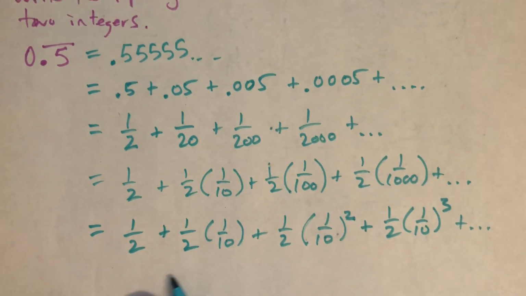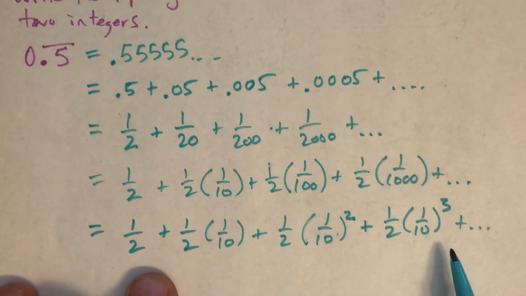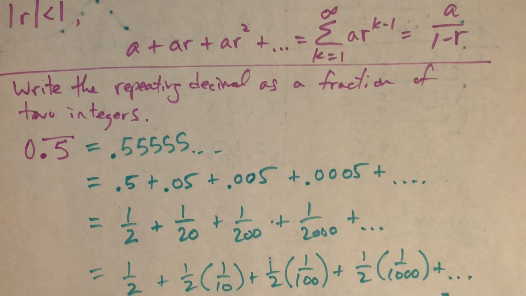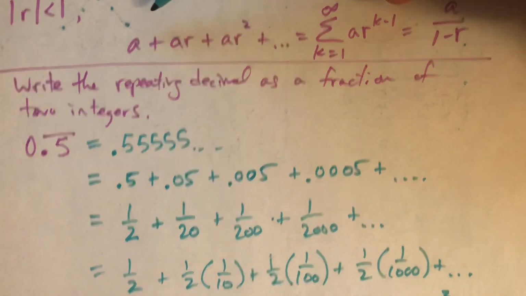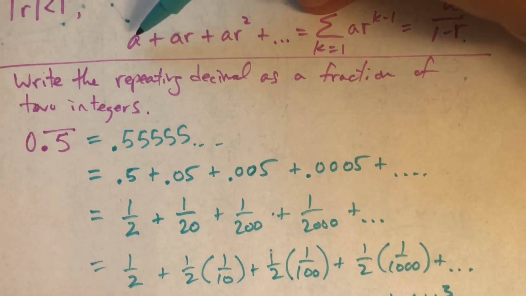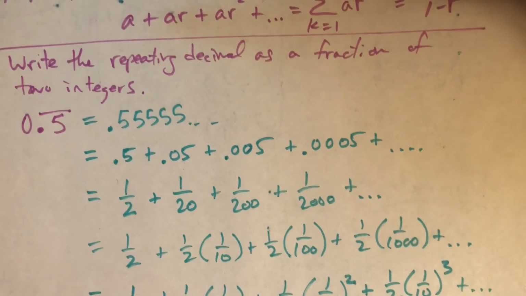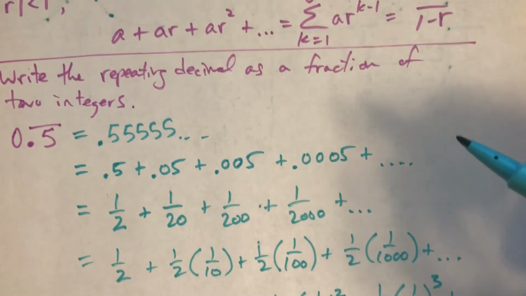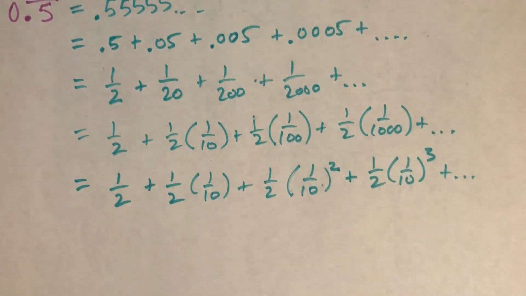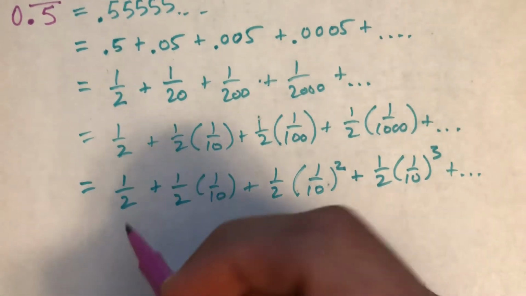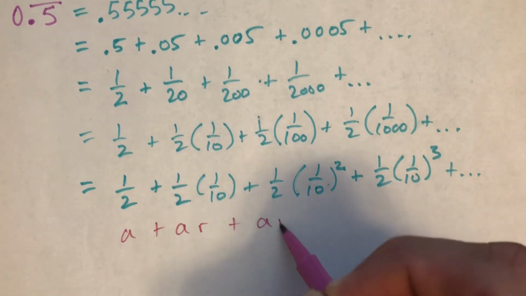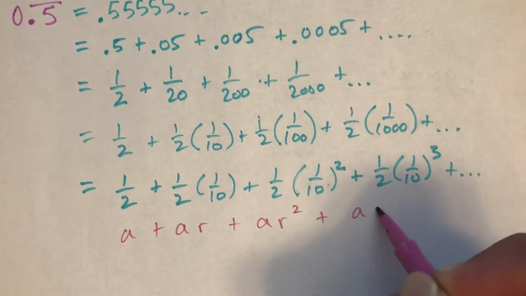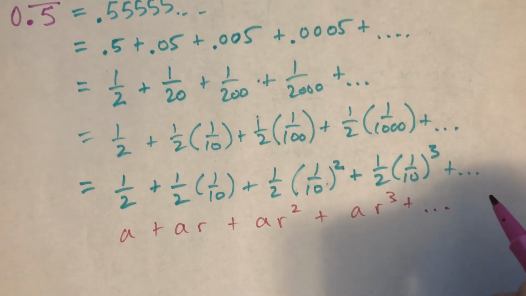Now that we have this, we can just compare it to the nice theorem. We've got a geometric sequence here. Our a value is this 1/2. I'm going to write this down here in purple just to compare it: a plus a times r plus a times r squared plus a times r to the third, and so on.